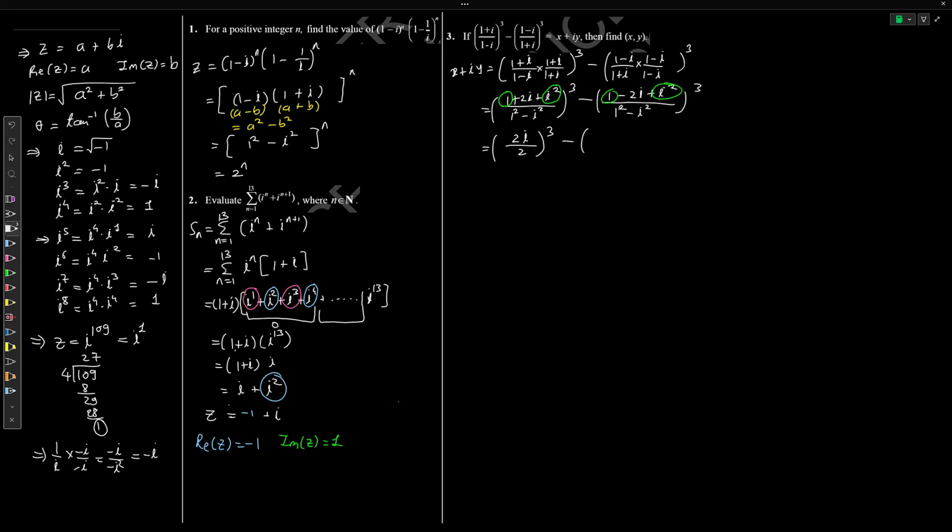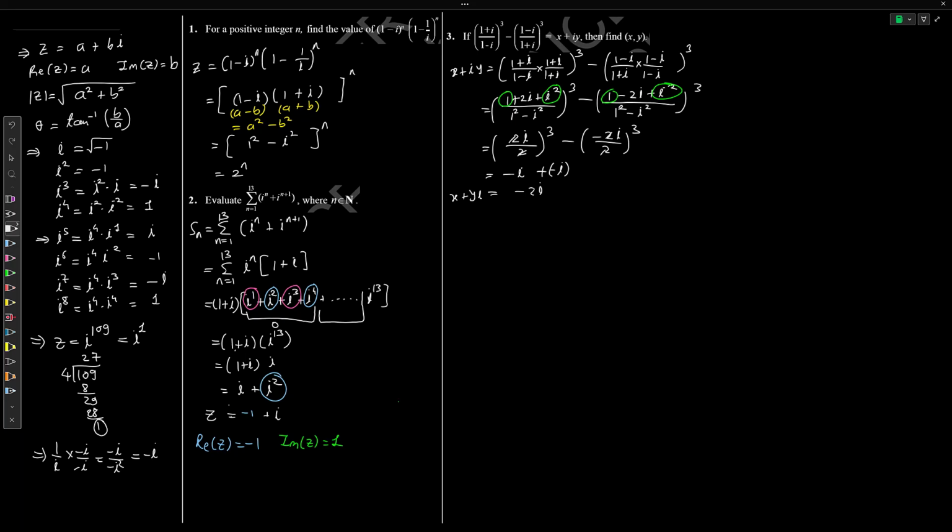So we'll get minus 2i upon, as usual, 2, the whole cube. So 2 will cancel out. i cube is minus i. And again 2 will cancel out, plus i cube, and that is minus.